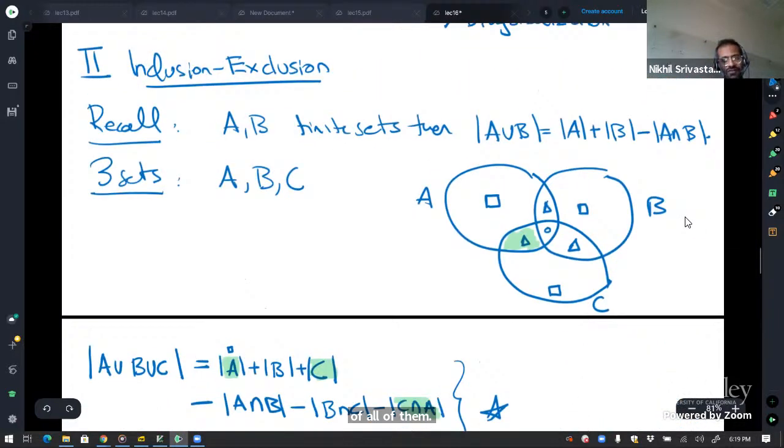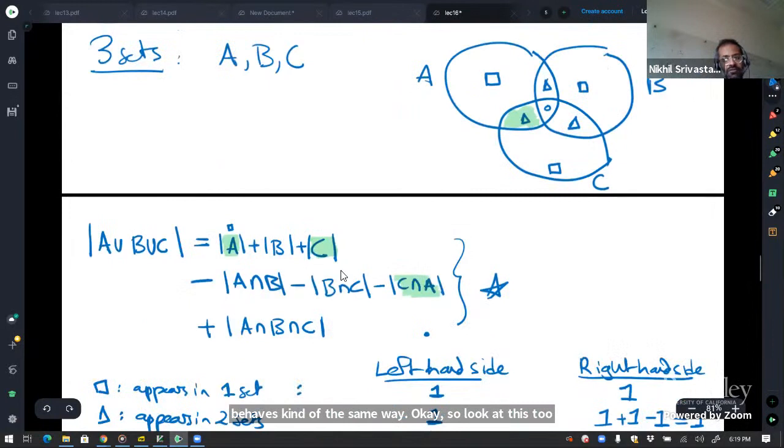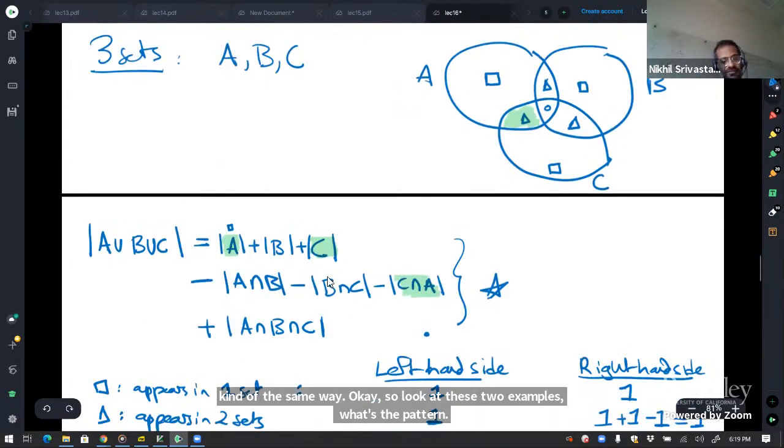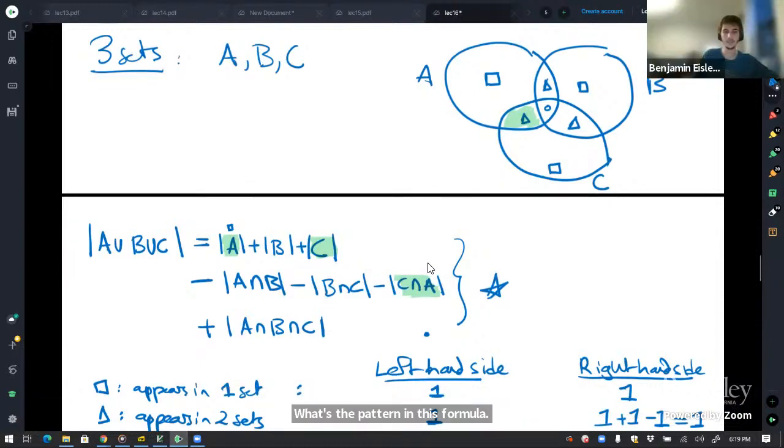Okay, so looking at these 2 examples, what's the pattern? What's the pattern in this formula? The sign switches each time you add an additional set to the union.